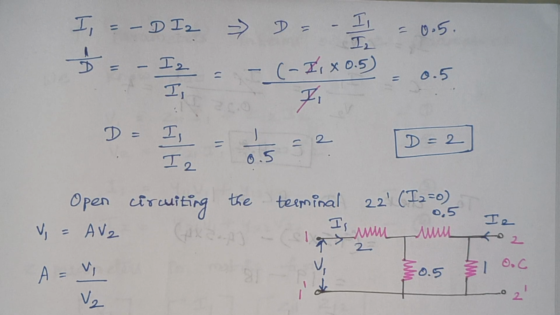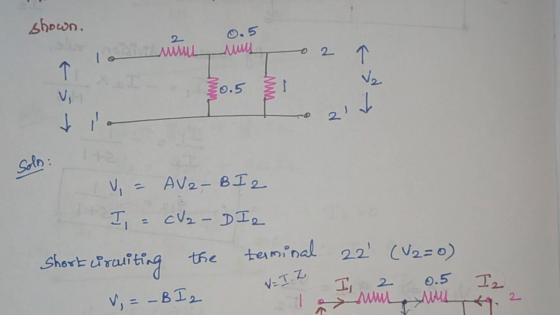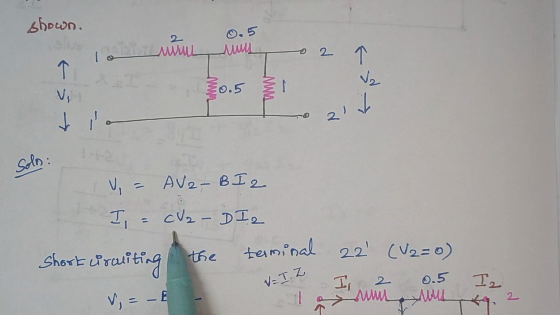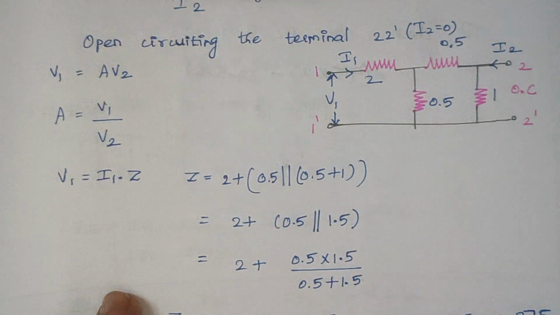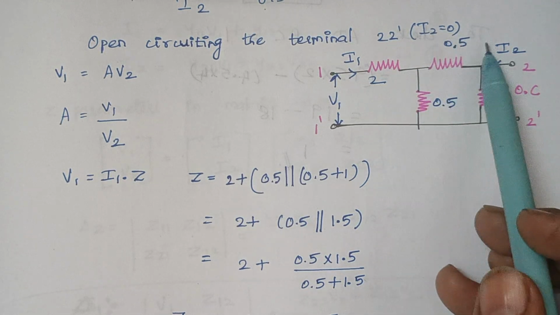So again when you look at the basic equation, here we have to make the value of I2 as 0 to calculate the values of A and C. So how can we make the value of I2 as 0? Just by open circuiting.